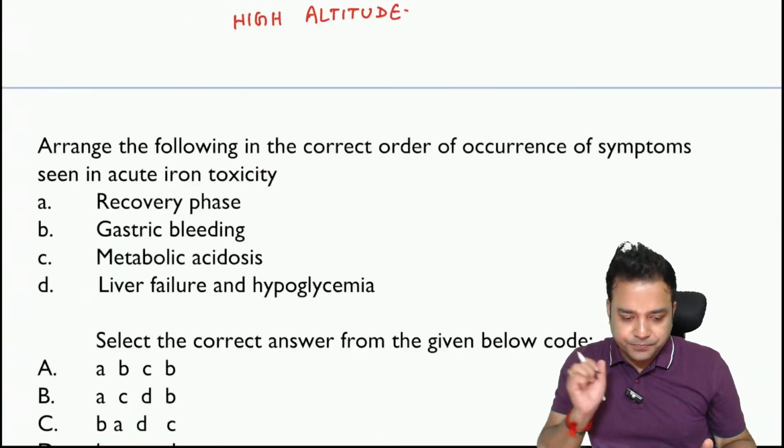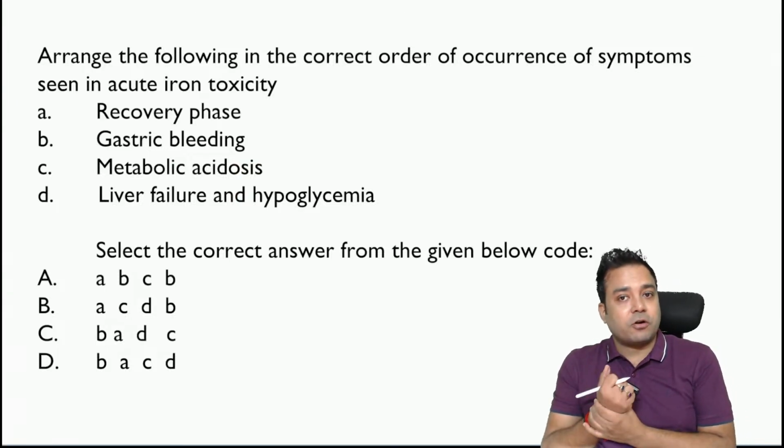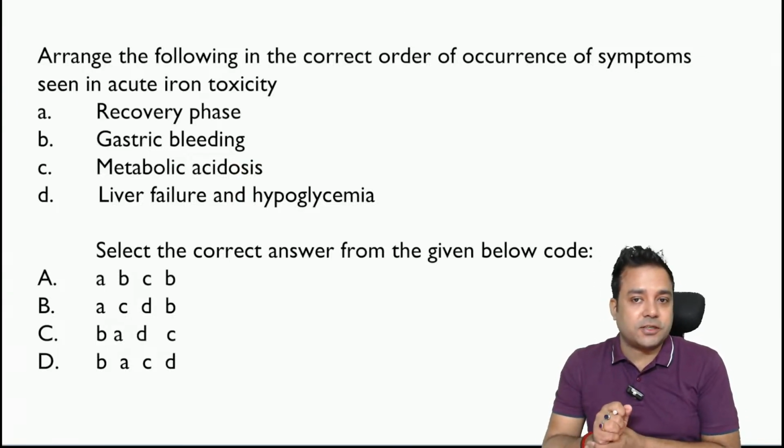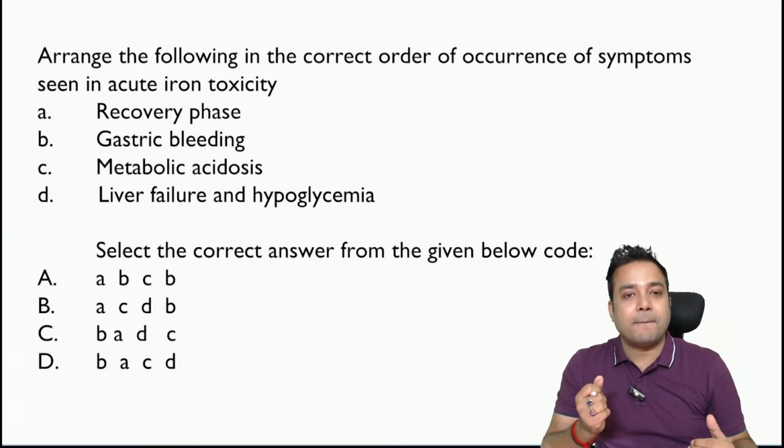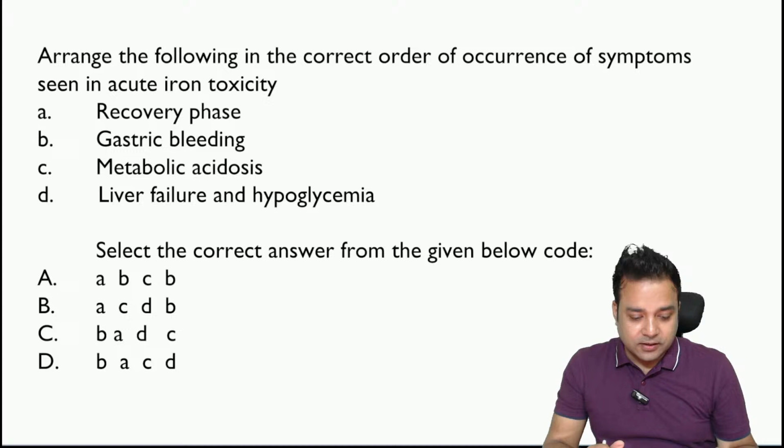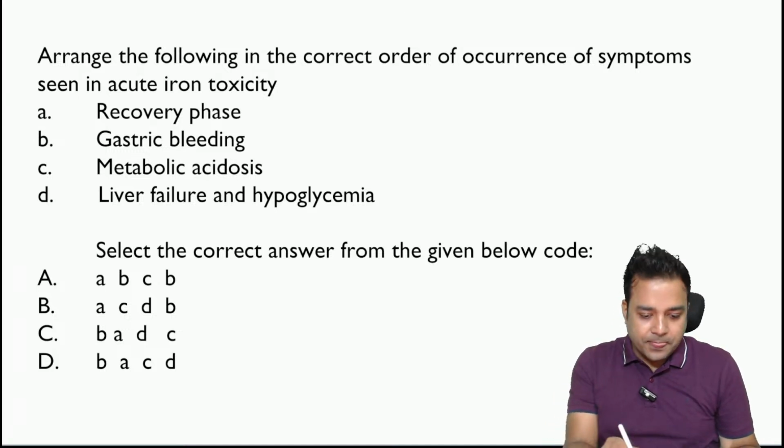आगे बढ़ते हैं. Arrange the following in the correct order of occurrence of symptoms in acute iron toxicity. ये पूछा गया था आयरन टॉक्सिसिटी के स्टेजिंग, इन द एग्जाम्स, और this we have covered in our classes. तो यहाँ पर करेक्ट आंसर क्या होगा?